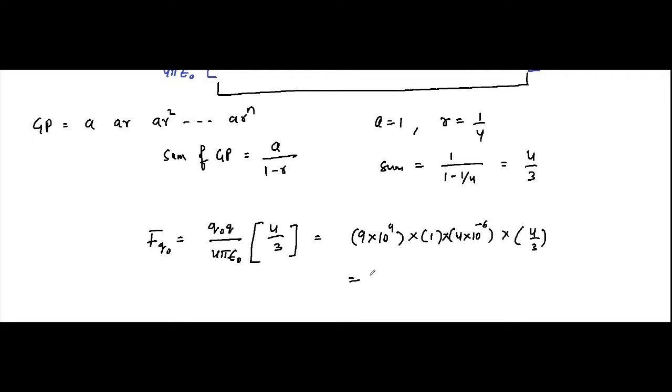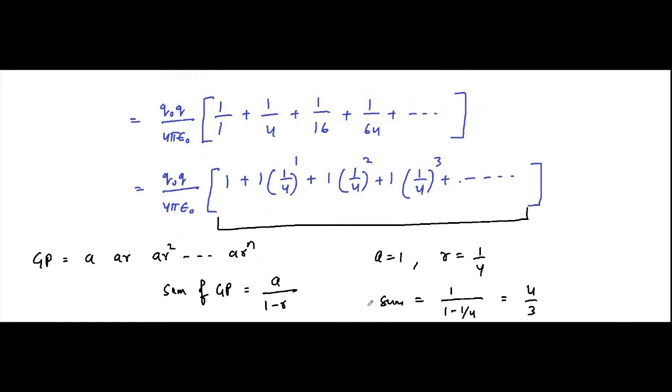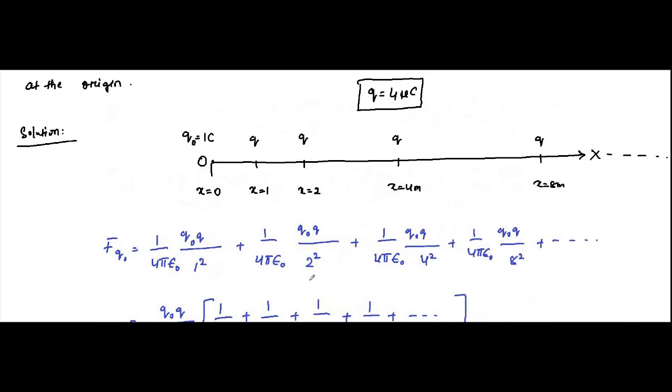If we calculate it, it is coming around 4.8 into 10 to the power 4 Newton. This is the net force acting on charge Q0 placed at the origin because of the series of charges that are placed at distances which follow a geometric progression.